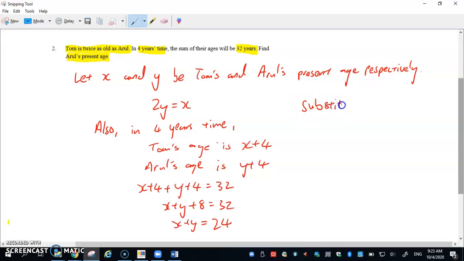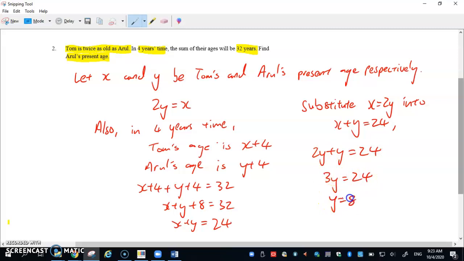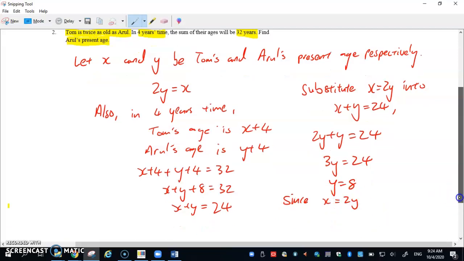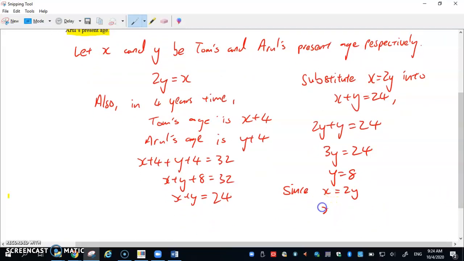Okay, so right now we will substitute x equals 2y into x plus y equals 24. And what we have is 2y plus y equals 24, 3y equals 24, y equals 8. Okay, also since x is equal to 2y, therefore x is equal to 2 times 8 equals 16.